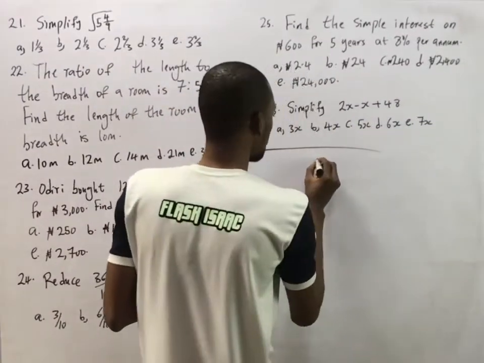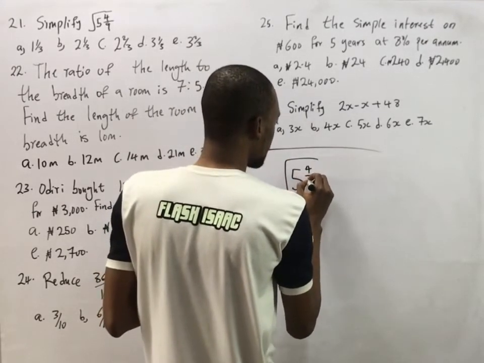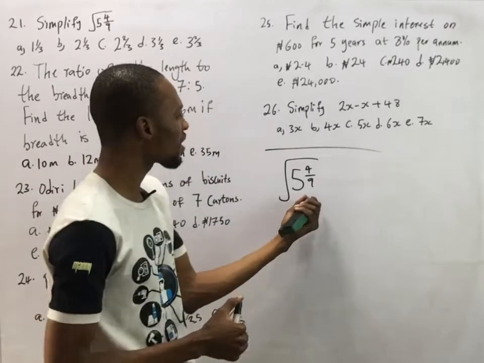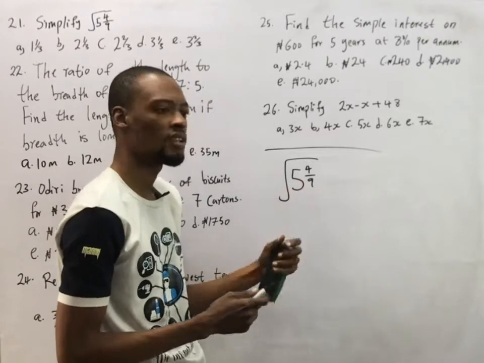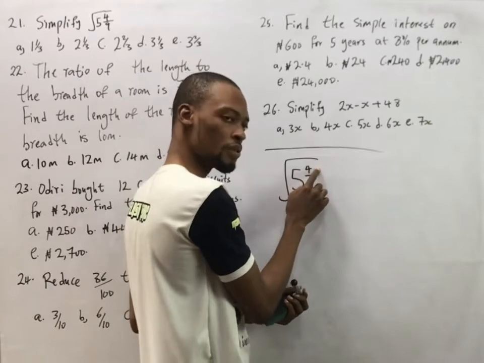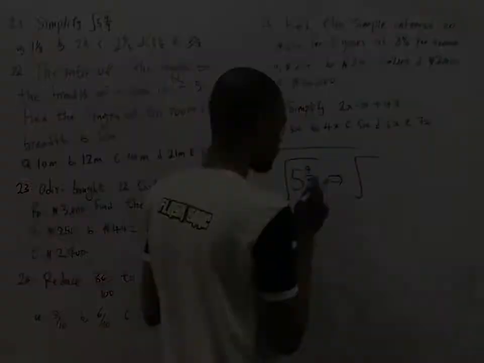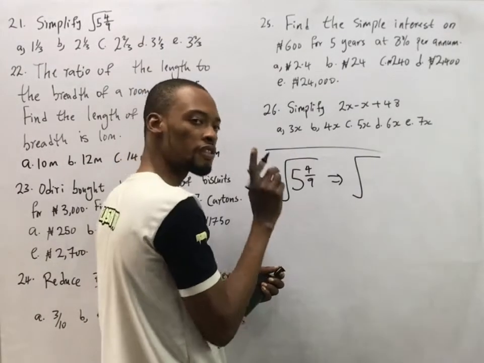Simplify the square root of 5 whole number 4 over 9. To simplify this, we start by converting this mixed fraction to an improper fraction. How do we achieve that? We multiply this by this and add to this. So this is the same thing as the square root of 5 times 9, which is 45, plus 4, 49.